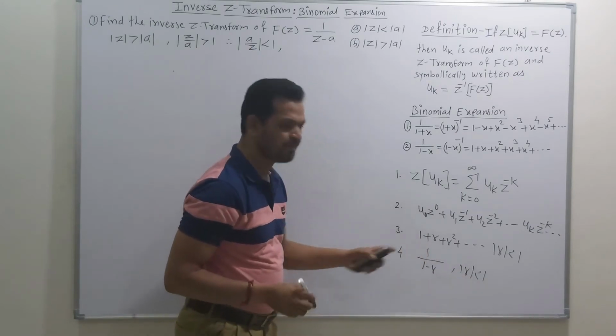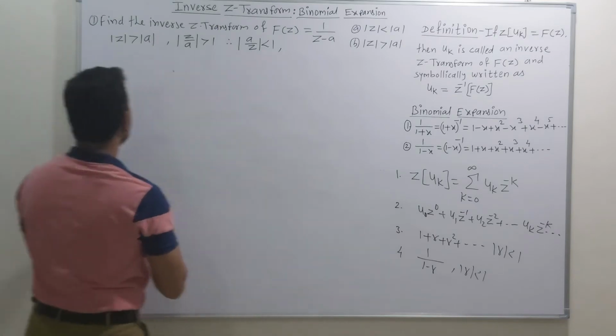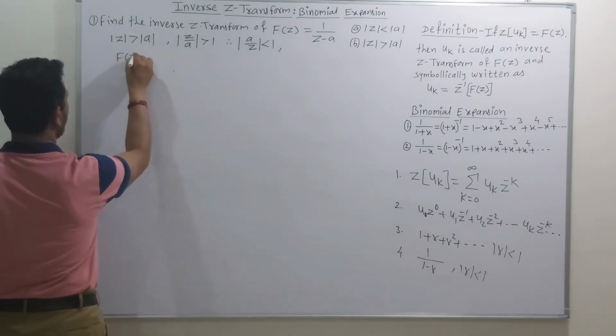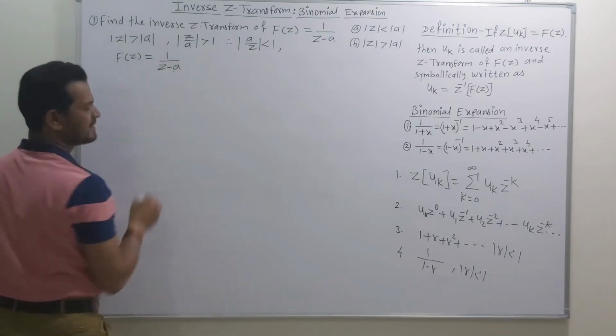Now the next step is to write down the given example in terms of 1 upon 1 minus r or 1 plus r. Here the given example is F of z, which is 1 upon z minus a.